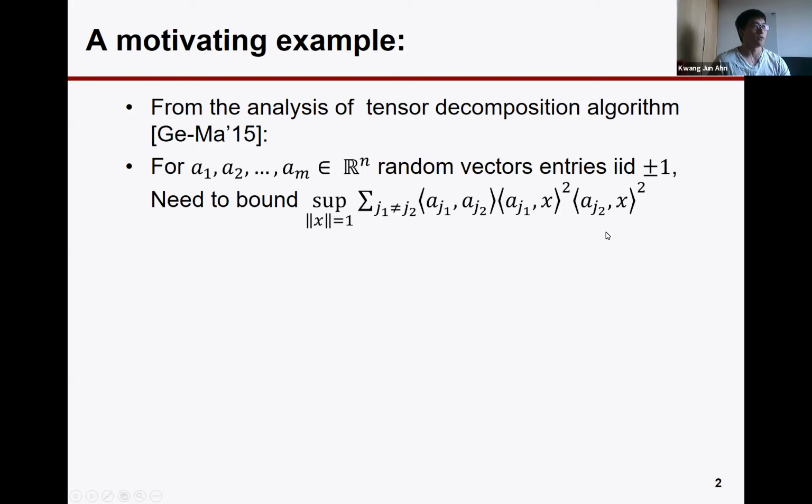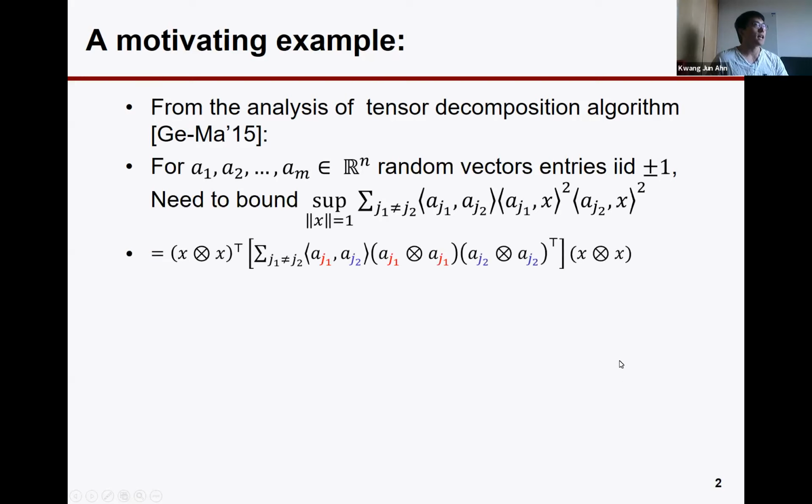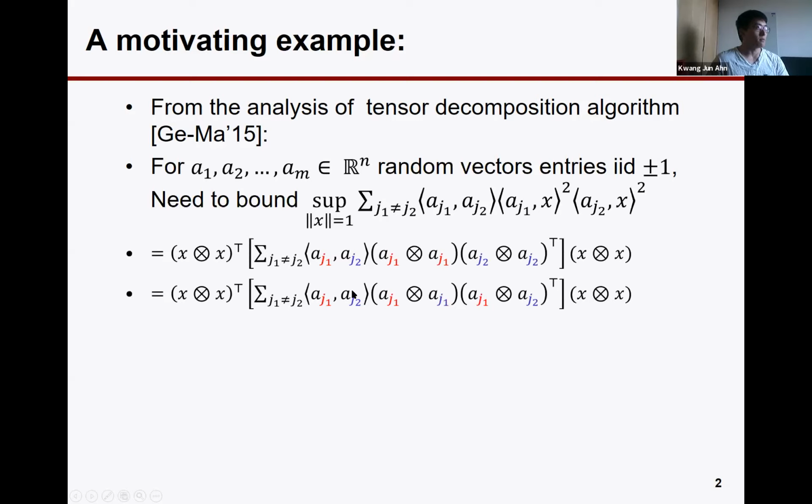As you can see, this is a really complicated term, but since it's a supremum over unit norm vectors, with some modification it is equal to this vector-matrix-vector product form, where the matrix in the center is an n squared times n squared dimensional matrix.